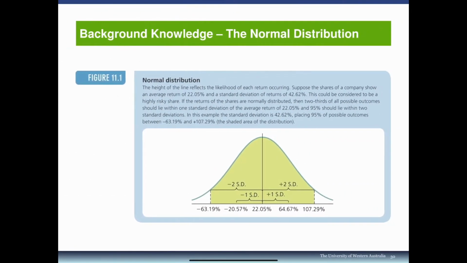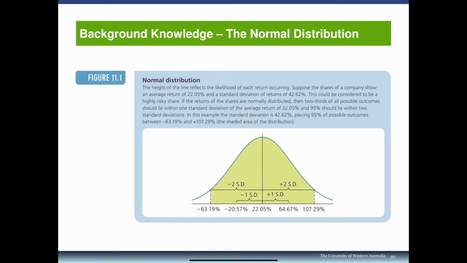All right, here is something from your textbook describing the normal distribution. You can read that in your own time. But I'll give you a quick way to show that, based on what I know about the mean and standard deviation, I can come up with a rough idea. Given this distribution, I know that the chance for this stock to give me a negative 70% return is very small.